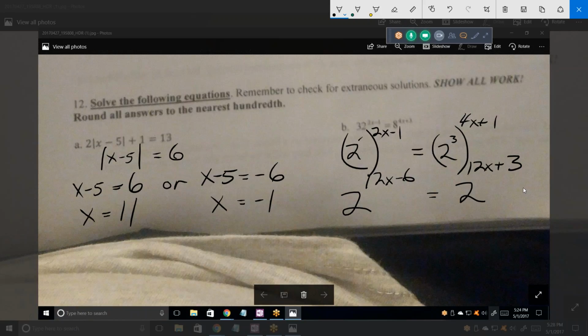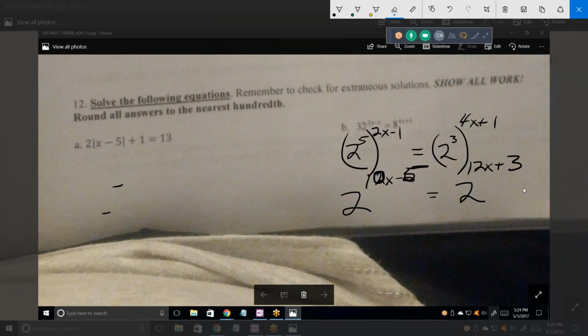That's going to matter, because now that's going to be 10x minus 5. And now I go over here on the left. It should be 12x plus 9. In other words, I'm multiplying 3 times that expression.